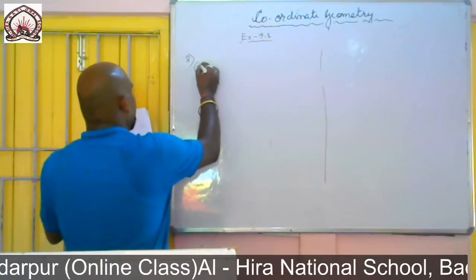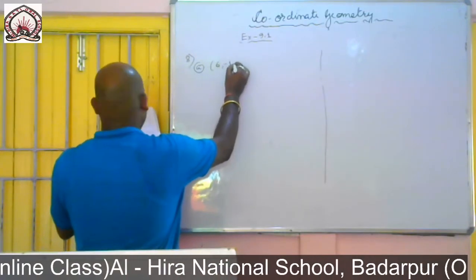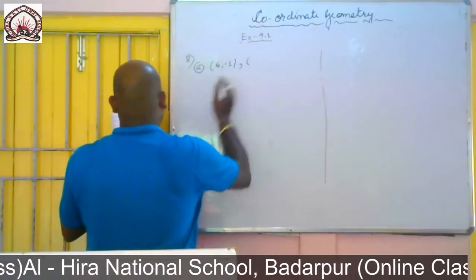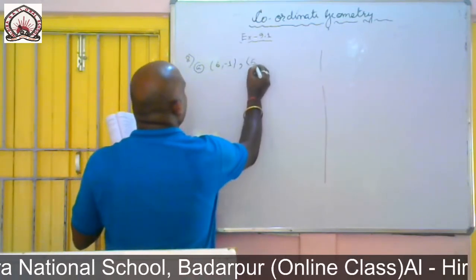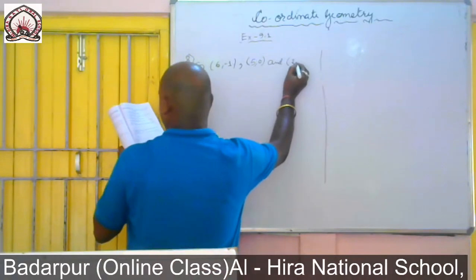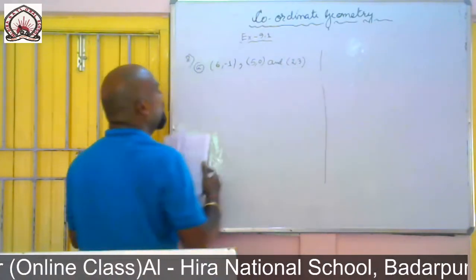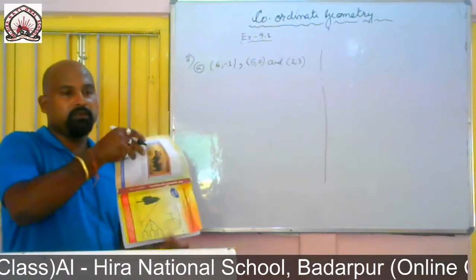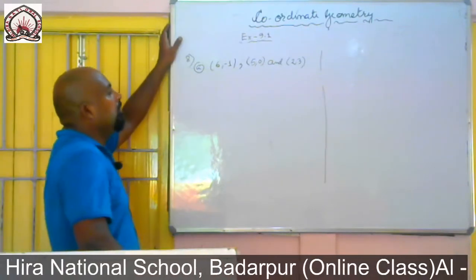So in part A, what have they given you? 6 comma minus 1, 5 comma 0, and 2 comma 3. These are the coordinates given to us.